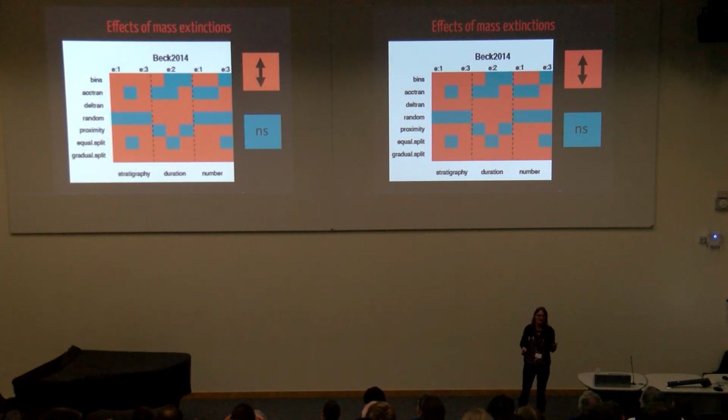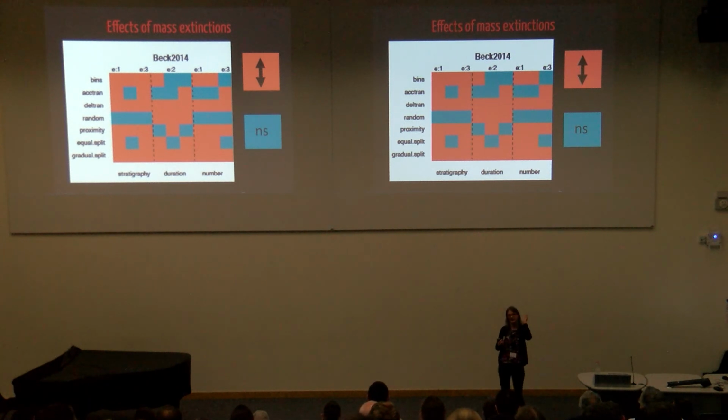And then another example, again, a terrible figure here, but this data set is the Beck and Lee data set, this cuts across the KPG boundary, so across that mass extinction. So we're looking to see if disparity changes before and after that mass extinction.